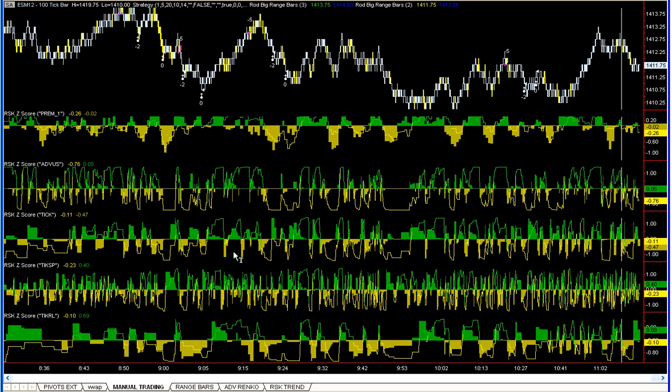You want to take a short trade, make sure that your slope is negative. You're best off if the Z-score is at a maximum standard deviation above the zero line. And long trades, maximum standard deviation below the zero line with an upslope.